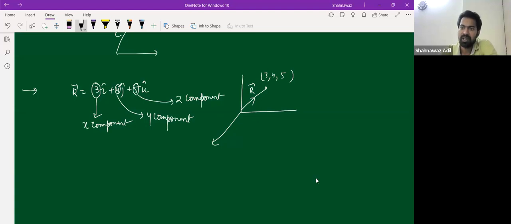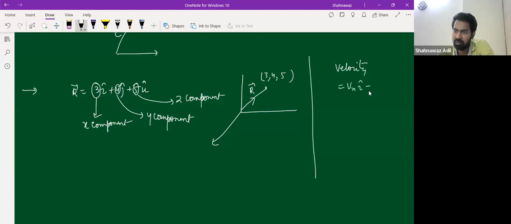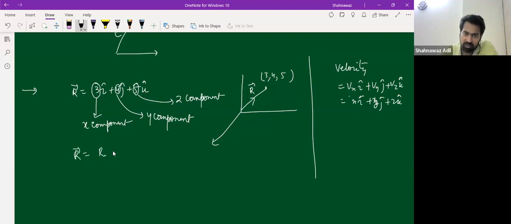If I write the position only, then this would be x, y, z. And if I am writing the velocity, it would be vx i plus vy j plus vz k, not x i plus y j plus z k. That is why I have just written this part. So you can write any vector as x i plus y j plus z k.